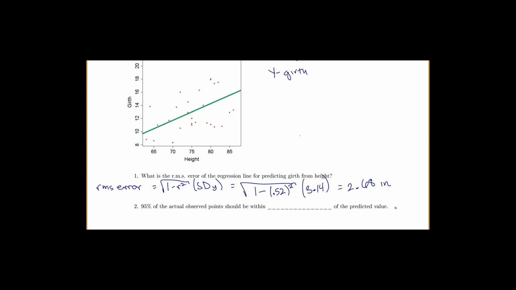Number 2, 95% of your actual observed points should be within blank of the predicted value. Well, we know that 95% should be within the predicted plus or minus 2 RMS errors.